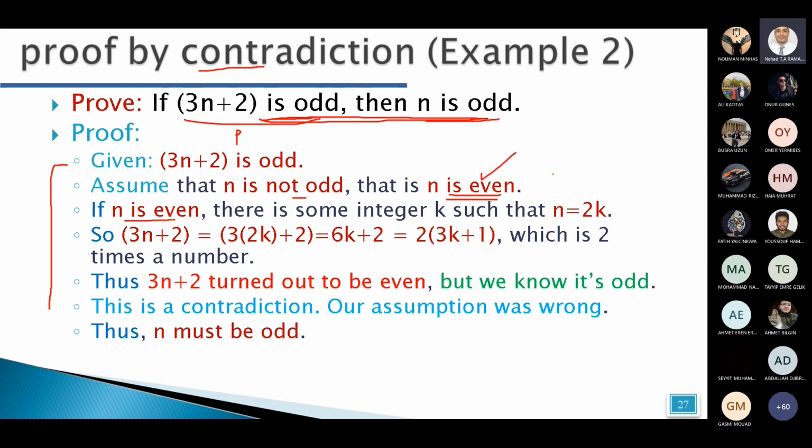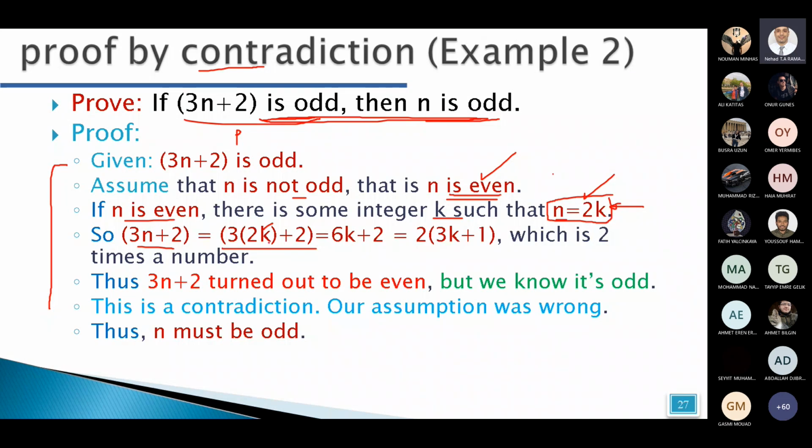If n is even, there's an integer k. This is the even equivalence. We took it last time. So 3n plus 2, we can write it as 3 multiplied by 2k. Why 2k? Because we take n as even, so n equals 2k.